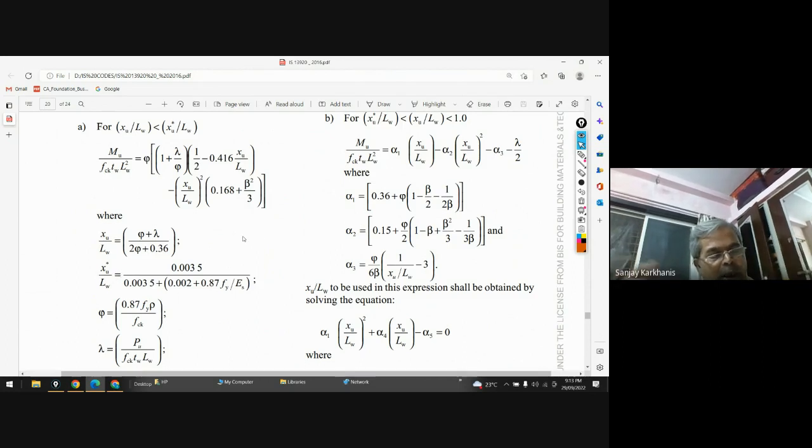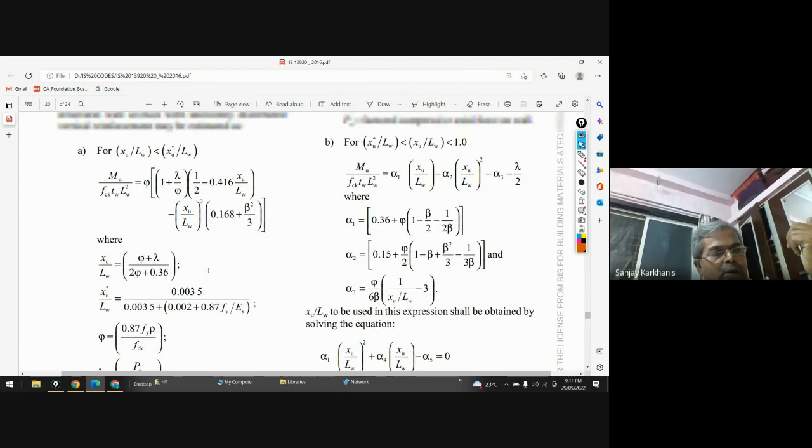We used to find that Xu max equals 0.0035 divided by 0.0035 plus 0.002 plus 8.87 Fy over Es. So all of this is related to your rectangular singly reinforced calculation.